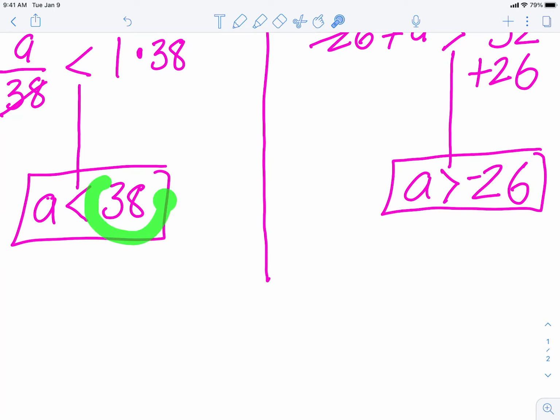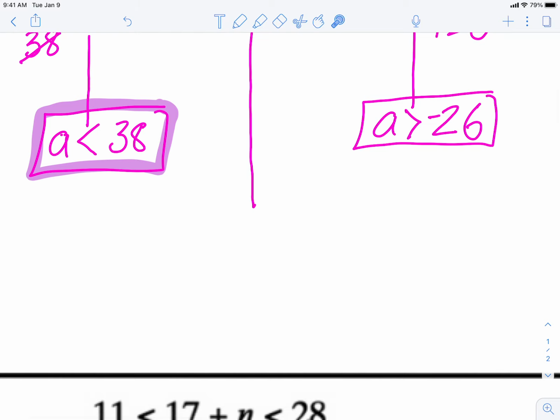Is 38 bigger than negative 26, or is negative 26 bigger than 38? Of course, we know that 38 is bigger, right? It's a positive number. This is a negative number, so 38 is bigger. So what I'm going to do is I'm going to take this answer here, and I'm going to write it down right over here. So I'm going to say A is less than 38.